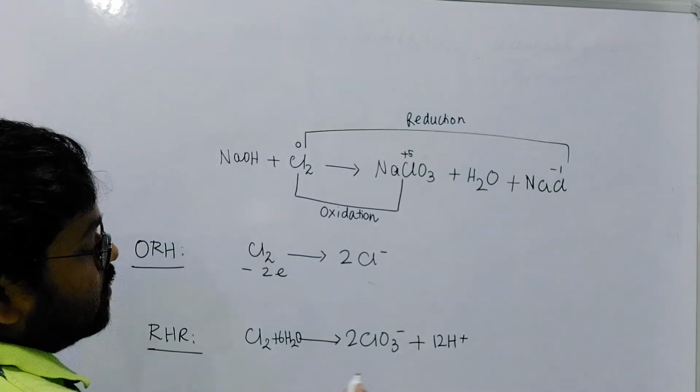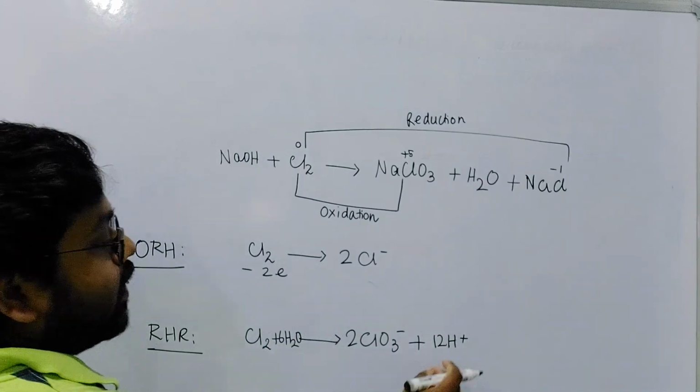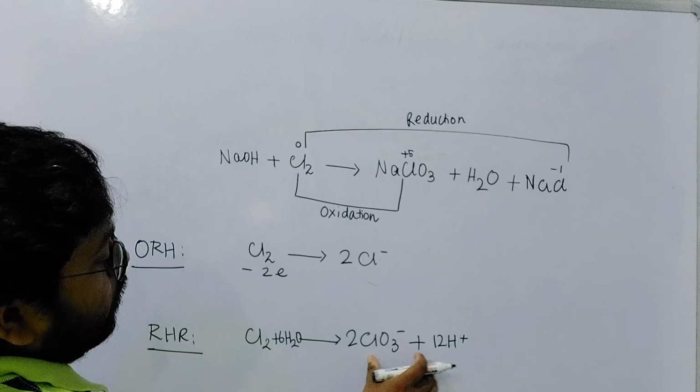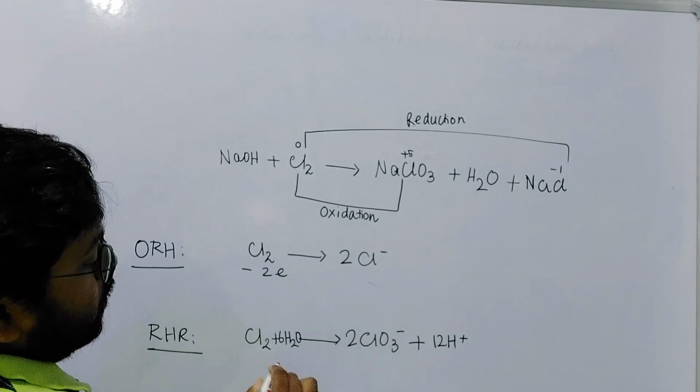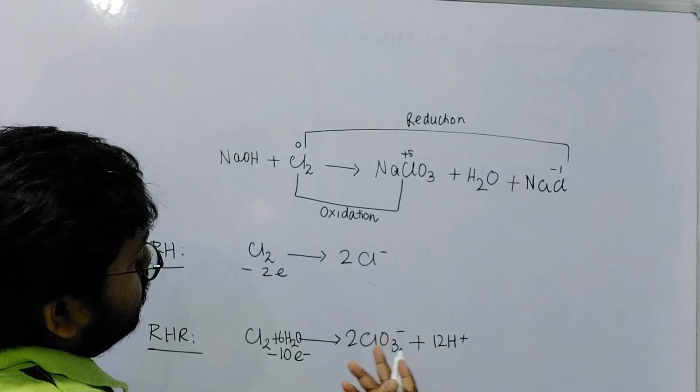Now we have to balance the charge. On the right hand side it is 12 plus and 2 minus, so overall 10 plus. So just remove 10 electrons from this side, the charge is balanced.